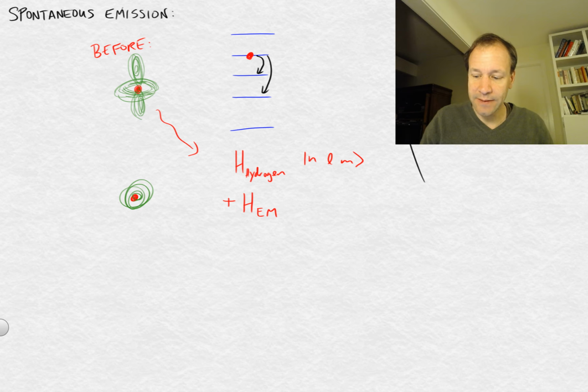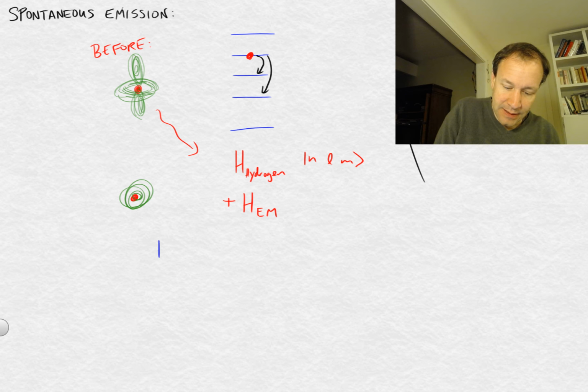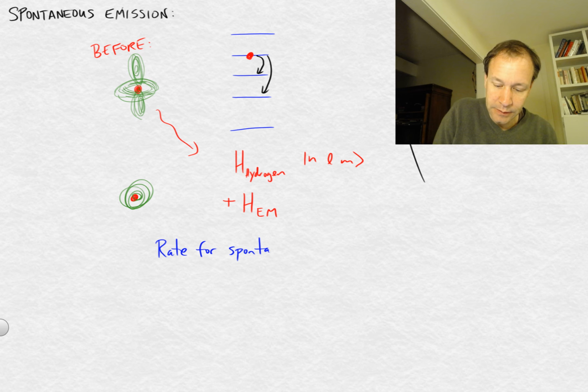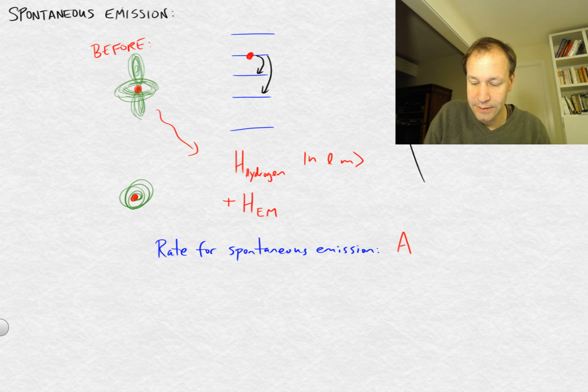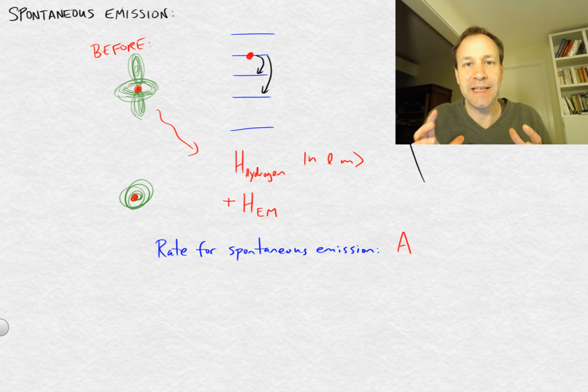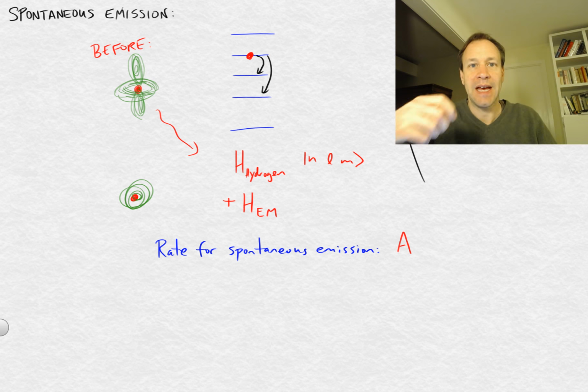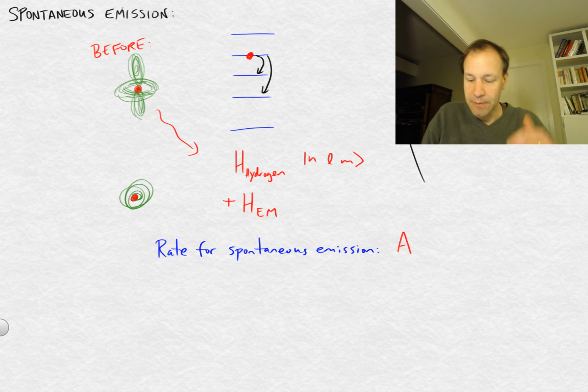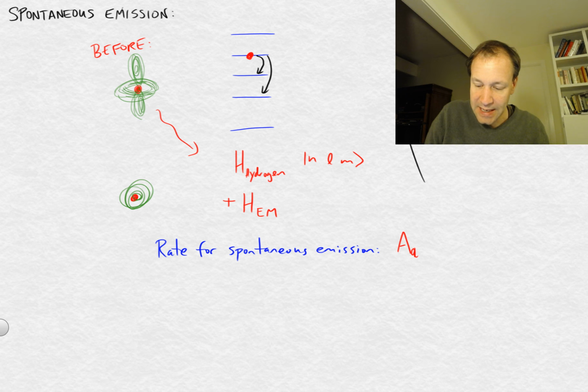And quantitatively, what we're going to want to derive is the rate for spontaneous emission. That's often denoted by the letter A. What that is, it's just the probability per unit time that your atom has made a transition from some state, let's call it A, to some lower energy state B. Okay, so that's only going to happen spontaneously if E_B is less than E_A.